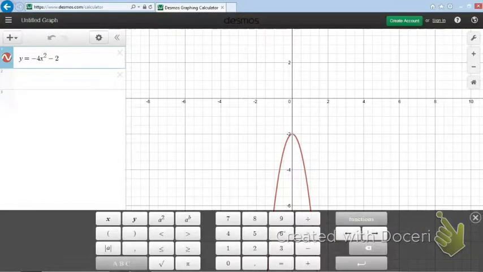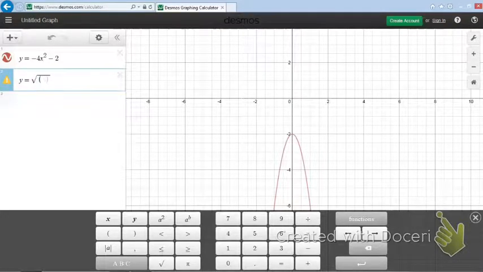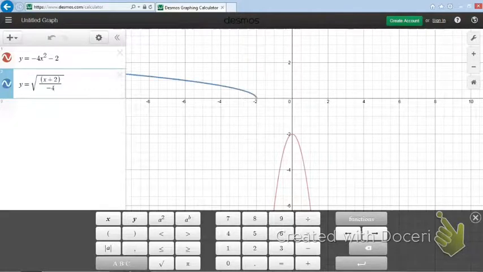So I'm going to take y, make sure you're in the right box, y equals, and for the positive version I'm going to take the square root of, and I'm going to put parentheses around this so I have my numerator is x plus 2. And then I'm going to go outside the parenthesis but still under the radical and hit the division sign, and that'll give me a denominator where I can put negative 4. And you can see that when I only graph it without the minus, I only have half of it.